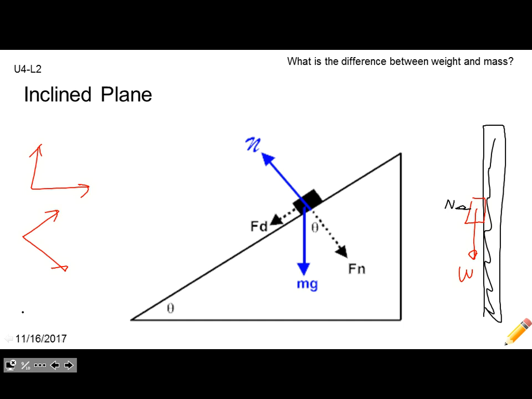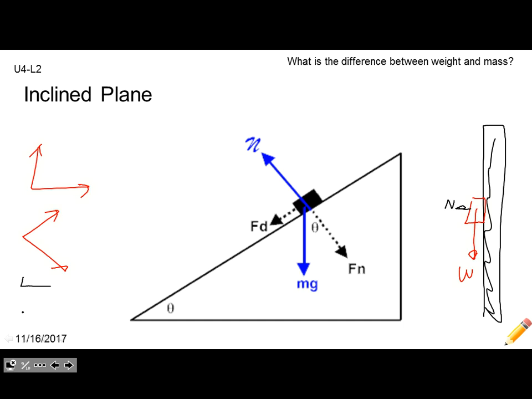If there was a normal force, that force should push it off the wall. If there was a normal force that was pushing the box, it should come off the wall. But that's not what happens. When I let go, it falls straight down. So what is the normal force equal to in this setup? 0.